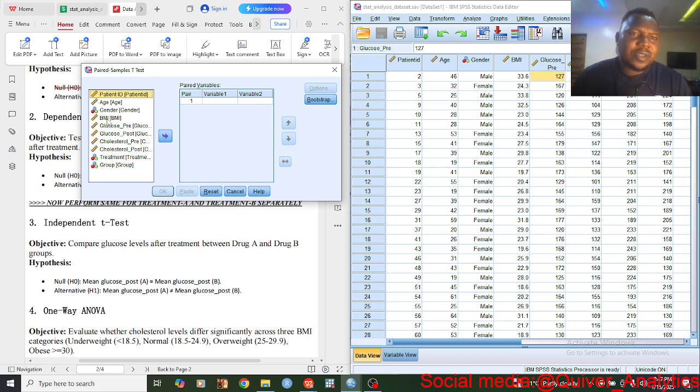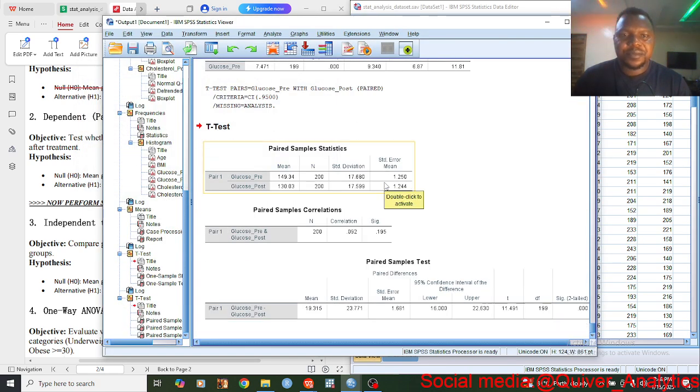It is commonly used with things like Facebook adverts, but this is not a marketing class. All right, so glucose pre is the first one, then glucose post. That's all you have to do, and okay.